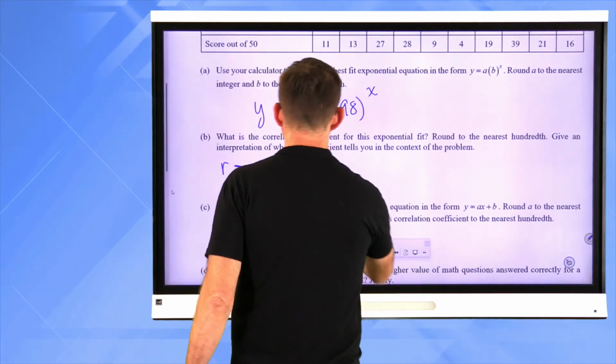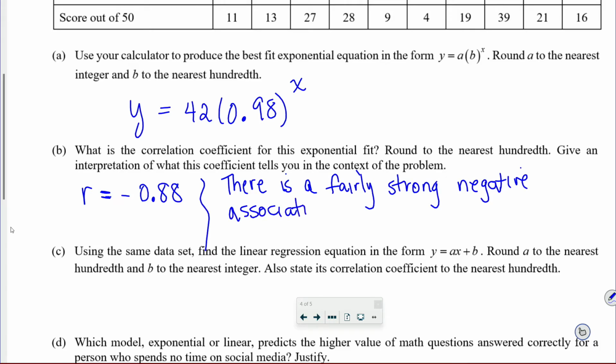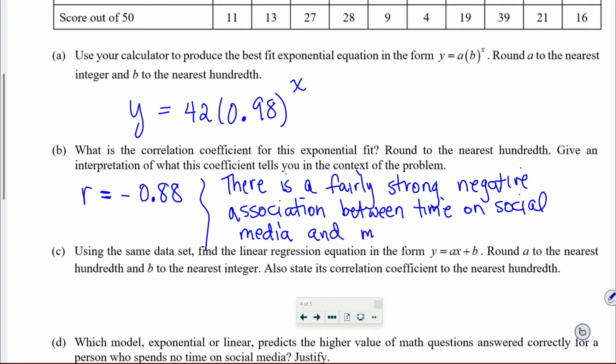So I'm going to say there is a fairly strong negative association between time on social media and, let's call it, math score.